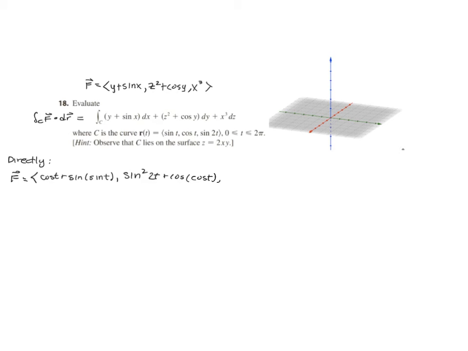And then my third component is x cubed, so sine cubed of t. So I'm already a little worried. Then I need r prime. So that would be cosine t, minus sine t, 2 cosine 2t. And then I start picturing that dot product.